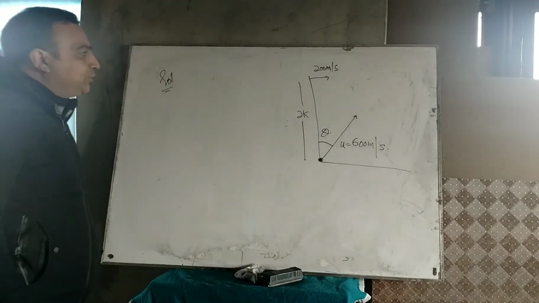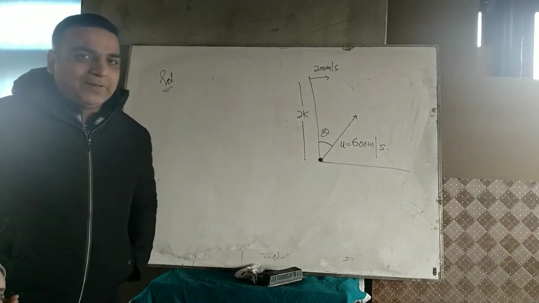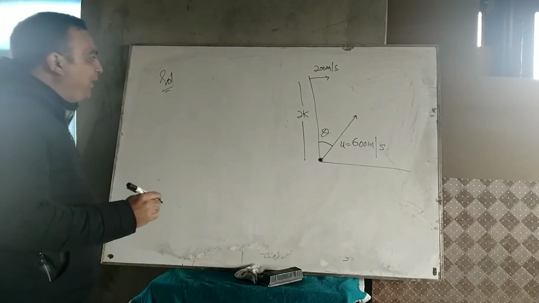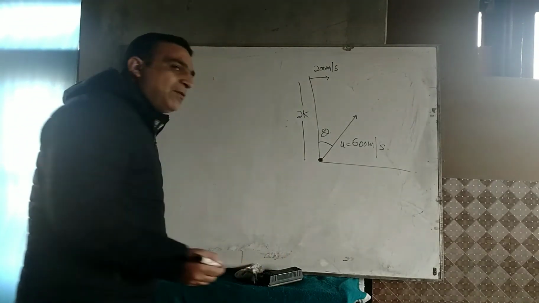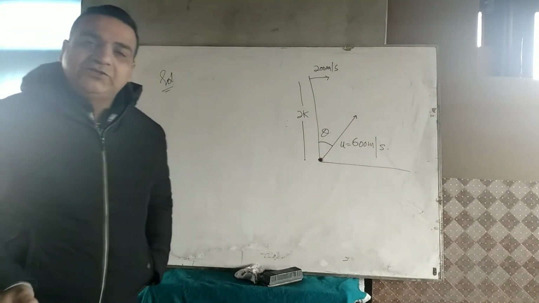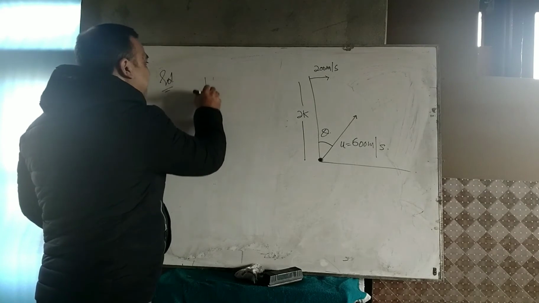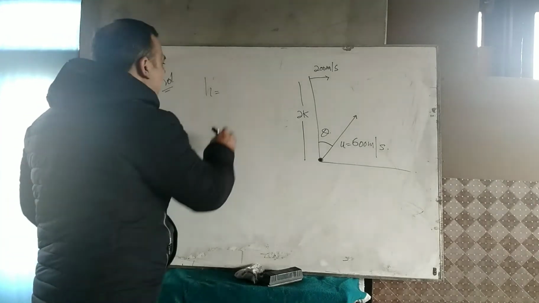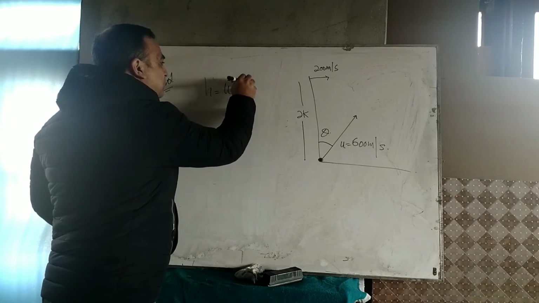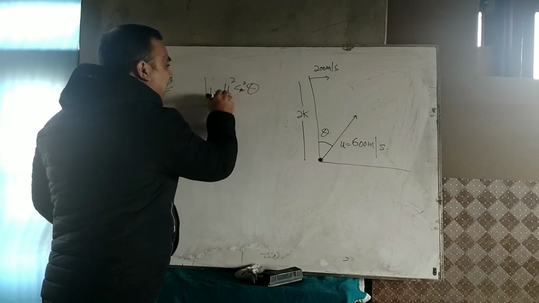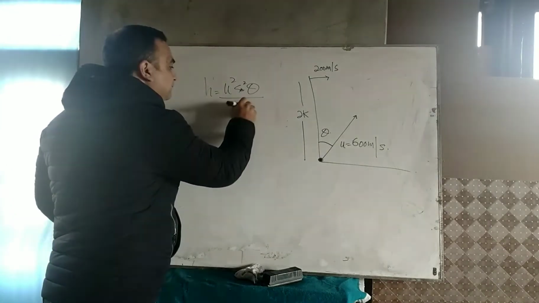In order to do that, the solution should be quite simple. All I have to do is to calculate the maximum height that this bullet can achieve. So, what is the expression for maximum height? The expression for maximum height is h equals u square sine square theta by 2g.